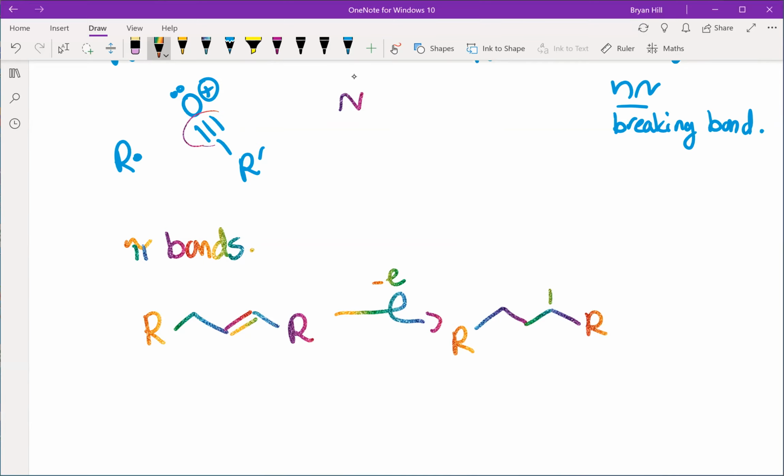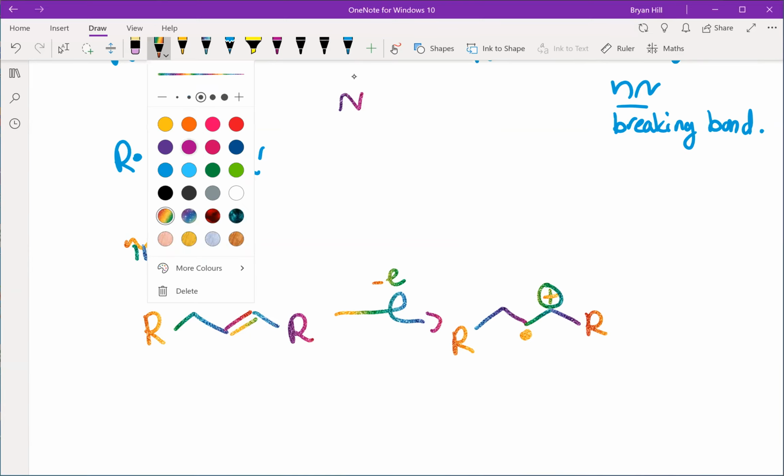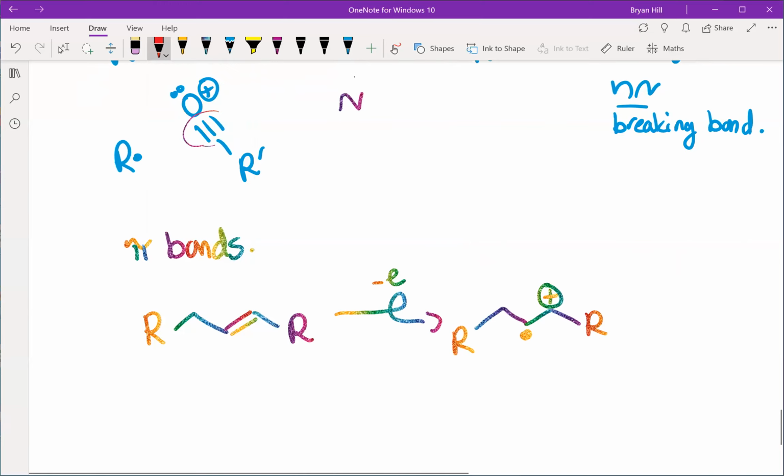I will put the plus here and the radical here. This color is very psychedelic there. So now if we want to do alpha cleavage on this, remember what we're going to want to form is the most stable positive charge. So here we can actually make an allylic cation.